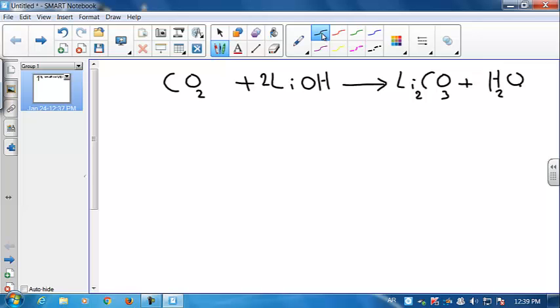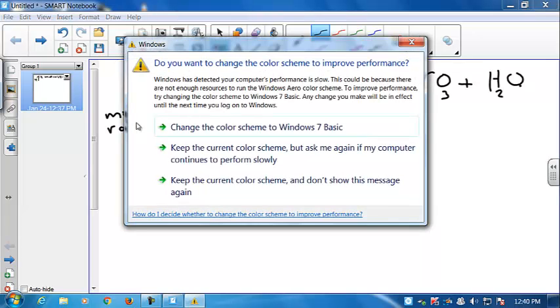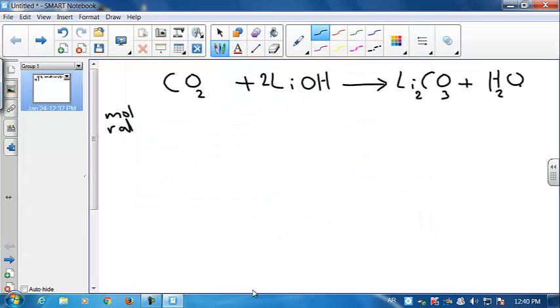Number 2, put the mole ratio, and the mole ratio is the ratio of the coefficients. This means that 1 mole of carbon dioxide reacts with 2 moles of lithium hydroxide to give 1 mole of lithium carbonate and 1 mole of water. Now, what does he want? He asks how many moles of lithium hydroxide are required to react with 20 moles of carbon dioxide.